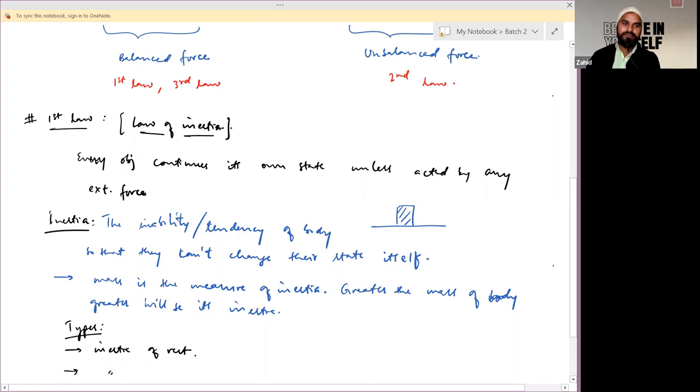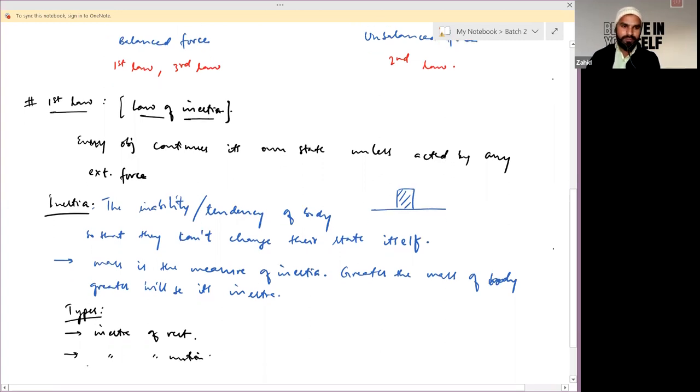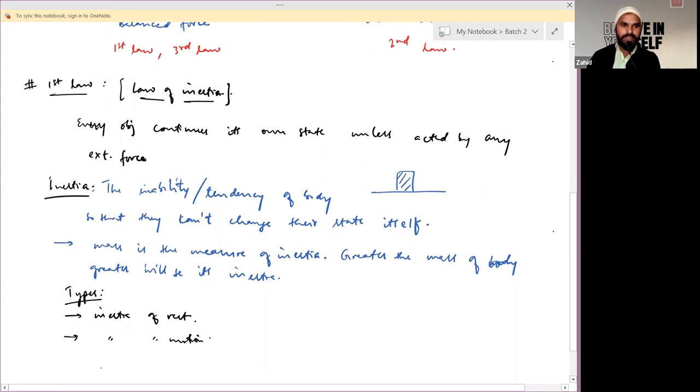Second is inertia of motion. If a body is in motion, it will tend to move in uniform direction, uniform motion. And third, inertia of direction. Object will tend to move in straight line always unless acted by any external force to change its direction.